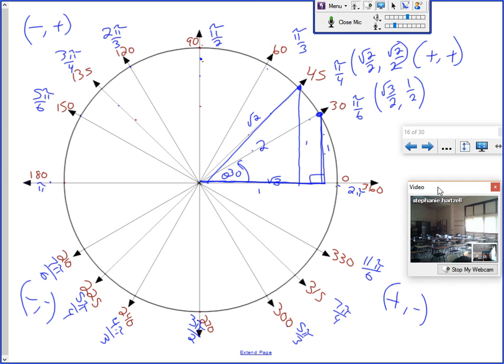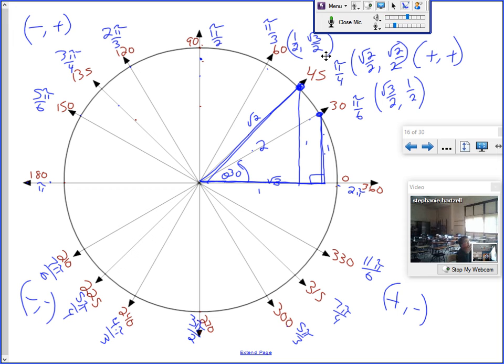That point is where the terminal side hits the circle. That's the ordered pair at that point. There's a reason why we're figuring that out. What's the cosine of 60? 1/2. Good. And what's the sine of 60? Root 3 over 2. So we're at 1/2 and root 3 over 2.